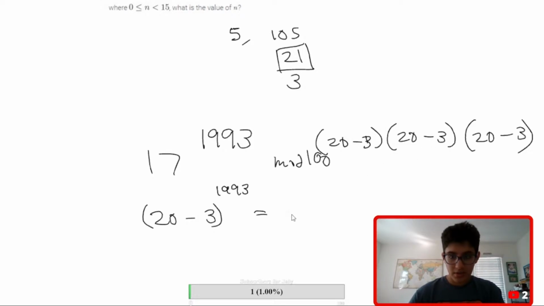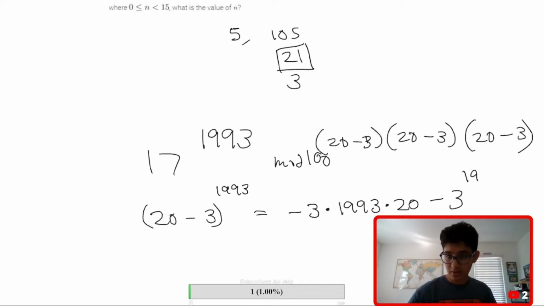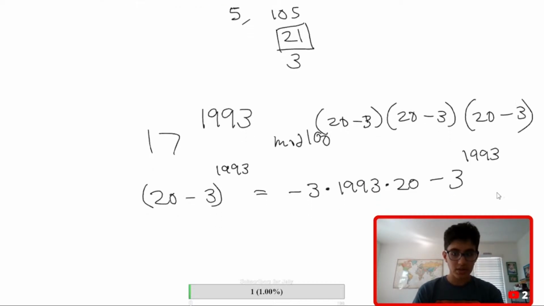We'll basically have minus 3 times 1993 times 20. And then I think we'll have minus 3 to the 1993rd. Wait, actually, will that even work? Because basically each term will have some factor of 20, some factor of 3.